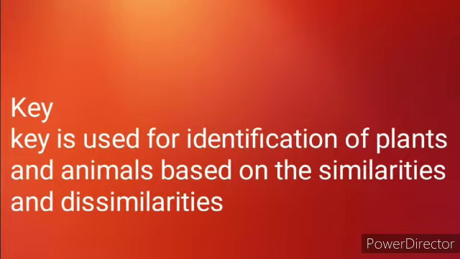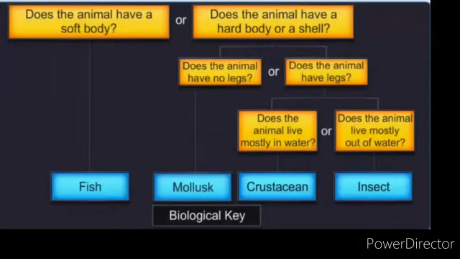The keys are based on contrasting characters, in pairs. Generally a pair is called a couplet. It represents the choice made between two opposite options. This results in acceptance of only one and rejection of the other. Each statement in the key is called a lead.